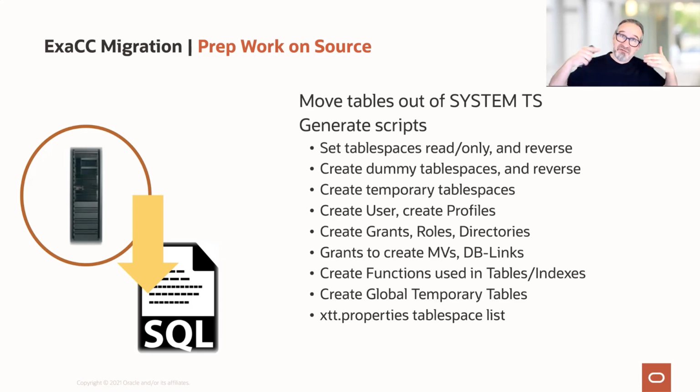You need to create a function first before you can import the table using a function in a column, same for an index. Don't forget the global temporary tables. We forgot them once. And of course, for the XTTS properties file, the table space list needs to be created as well.